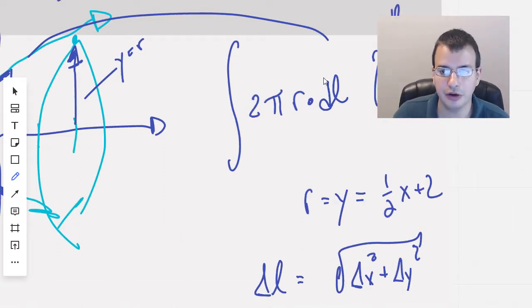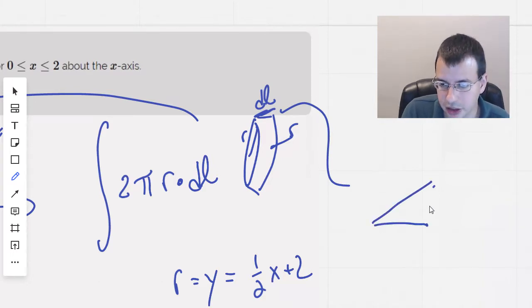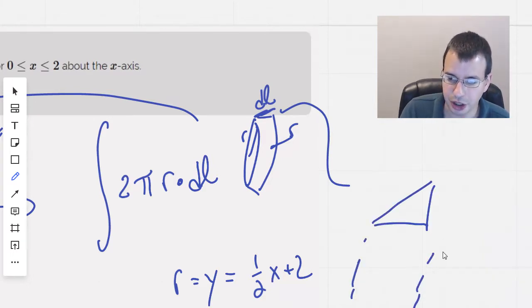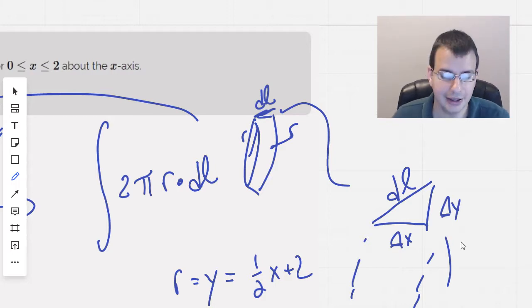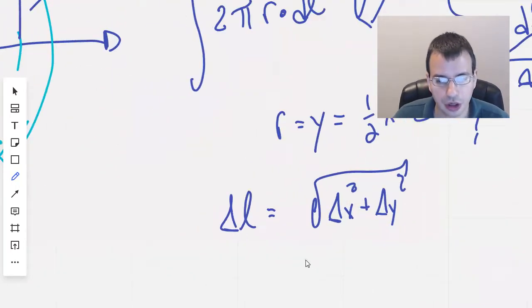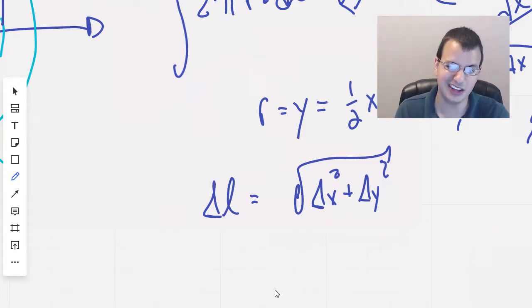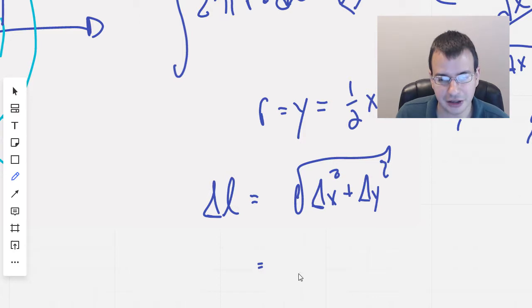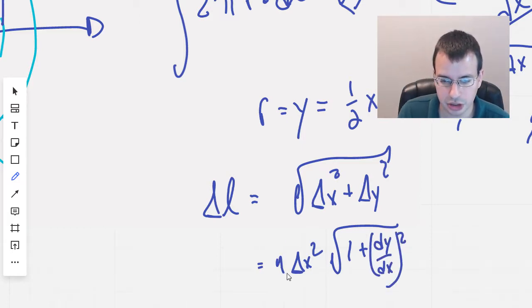So if we look over here, take this dl here, we'll zoom in. This is just part of the circle then. This is the dl from up there. We have a delta x and a delta y. And so we're going to say, all right, this is delta x squared, delta y squared, square rooted. That gives us our delta L. We'll factor out the delta x squared, and that gives us a 1 plus, I'm going to write this as dy dx, quantity squared, square rooted.